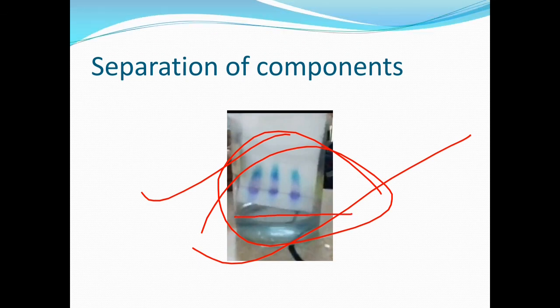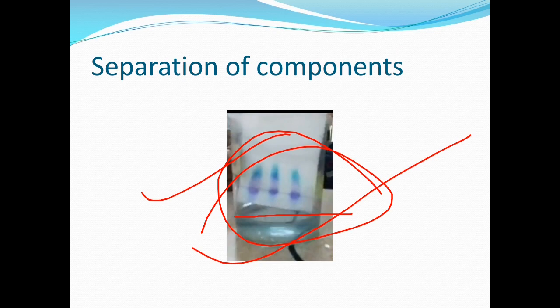Then you will insert the filter paper vertically inside the jar or the glass, but keep in mind that the mark should be above the surface of the water. So what will happen? After some time you will observe that there is a separation of different colors.